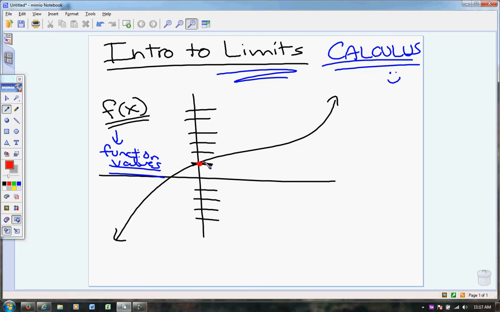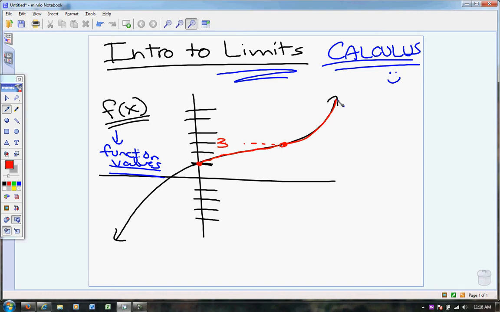And as I keep moving along the function, what is happening to the function value? It's increasing. So by the time I get to here, what's the function value? Right here. The function value here is 3. And the function value keeps going up, on this particular graph that I've shown.